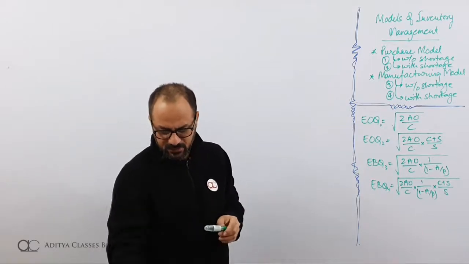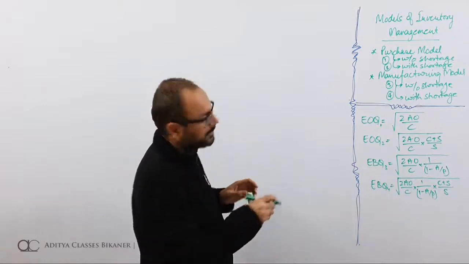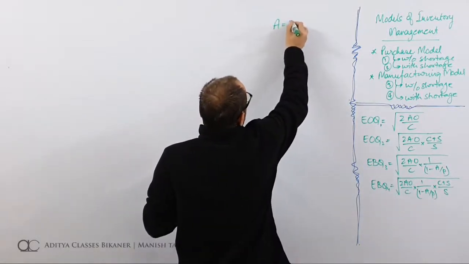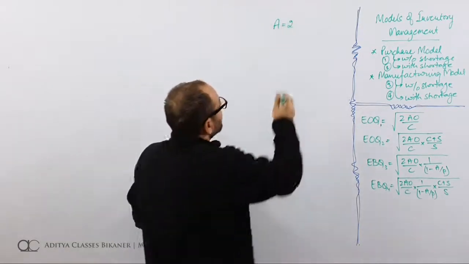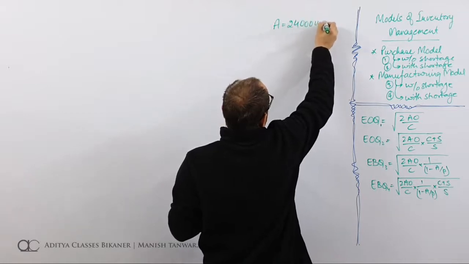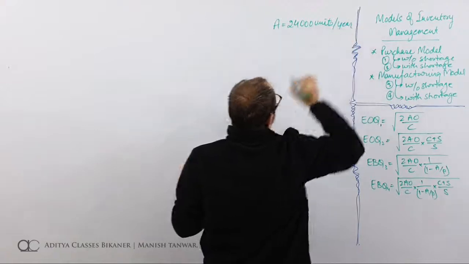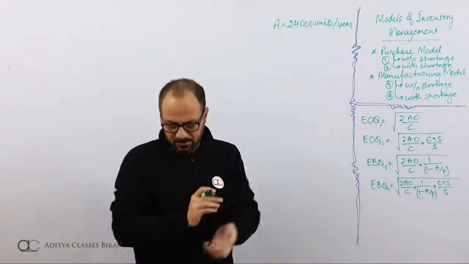The question says that annual demand for an automobile component is 24,000 units. So it is 24,000 units per year, because they are calling it annual demand, so it means it is per year.